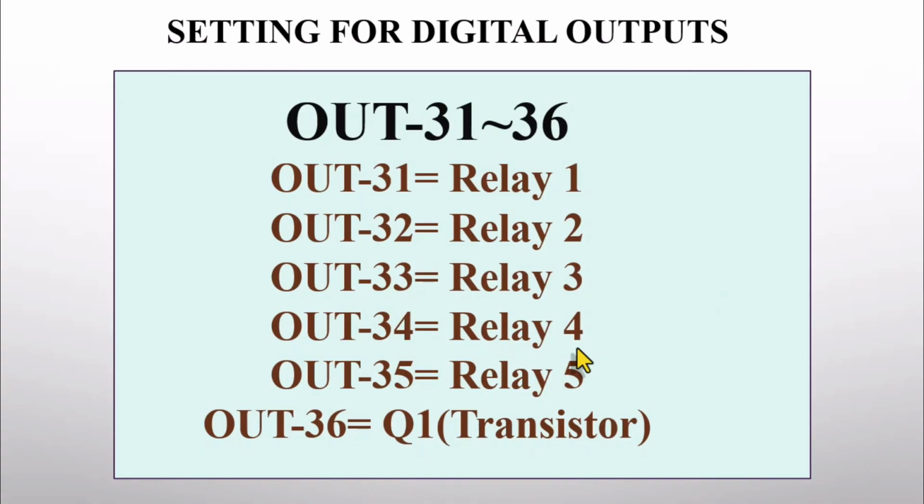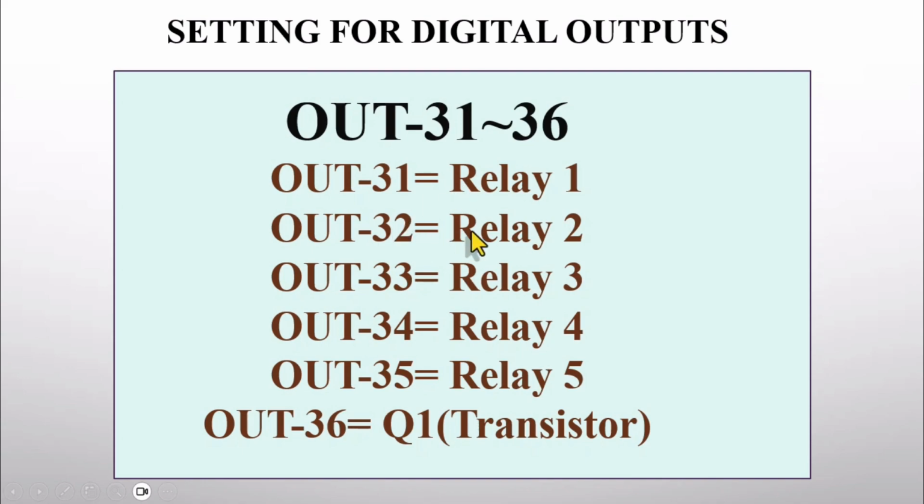But to configure the relays of the H100 inverter and the transistor output of the H100 inverter, which parameter should you refer to? The OUT group related to the outputs of the H100 inverter, you need to check parameters 31 to 36. Out 31 corresponds to relay 1 of the H100 inverter.